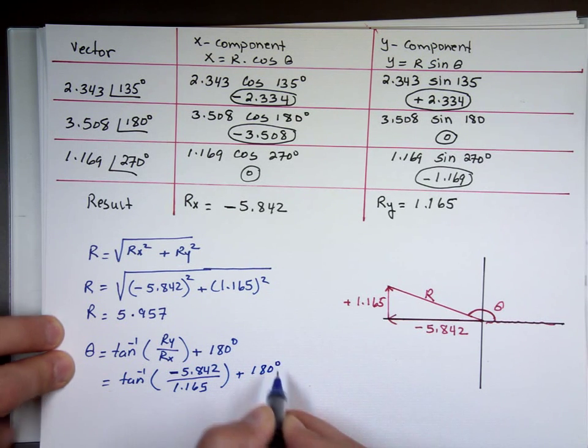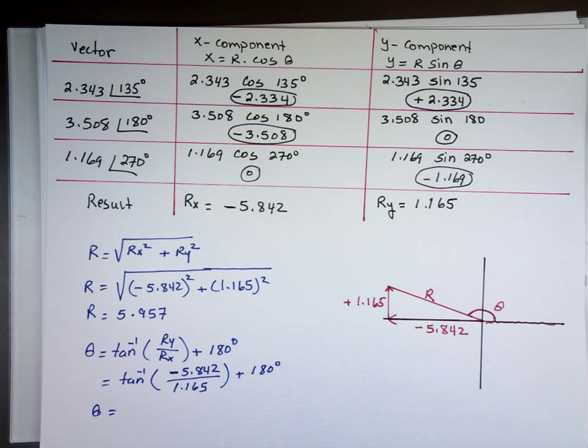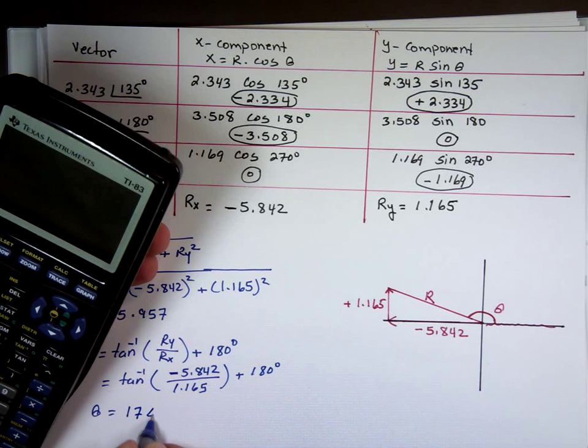So let's do that. Inverse tangent of 1.165 divided by negative 5.842, and add to that 180 degrees. The result is actually 178.6 degrees.